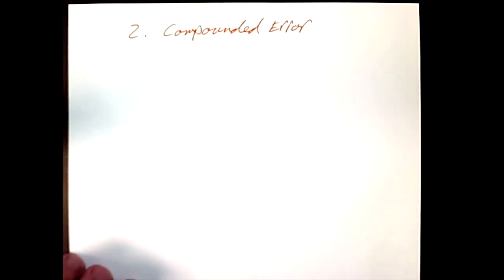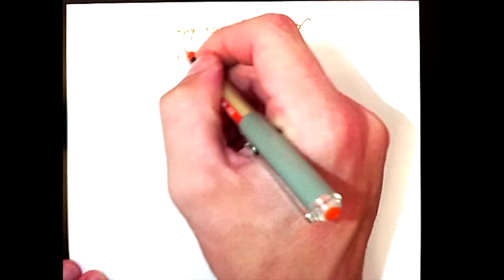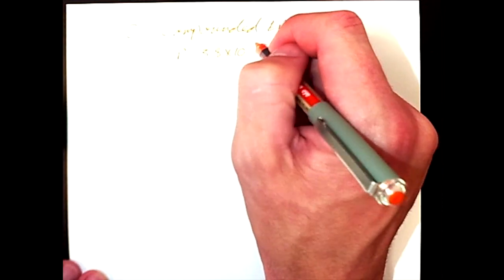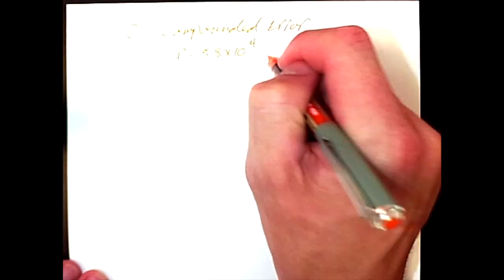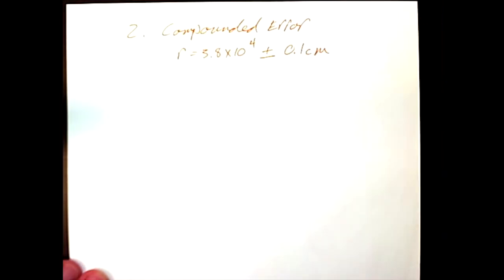You need to carry the error measurement through the calculation. What you can imagine is that if I knew the radius of a particular circular object is 3.8 times 10 to the fourth plus or minus 0.1 centimeters.